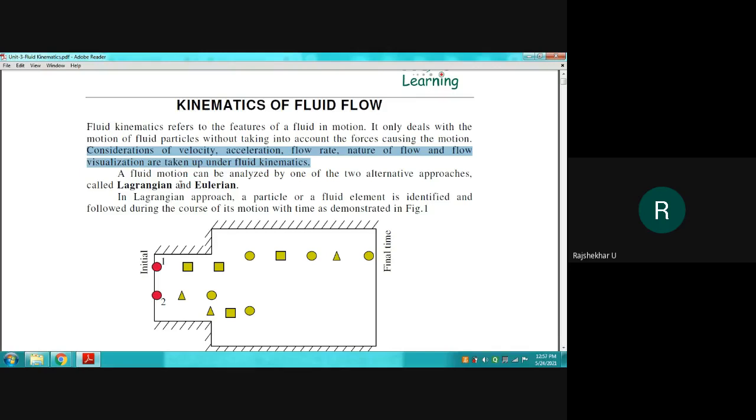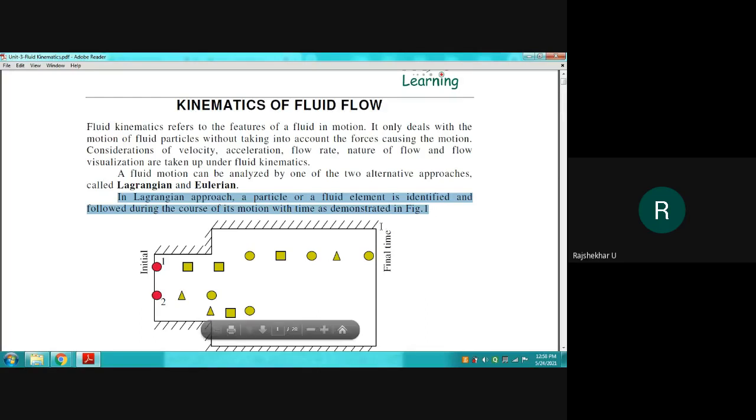A fluid motion can be analyzed by one of two alternative approaches. Famously we have two approaches, Lagrangian and Eulerian. In the Lagrangian approach, a particle or a fluid element is identified and followed during the course of the motion, as demonstrated in figure 1.